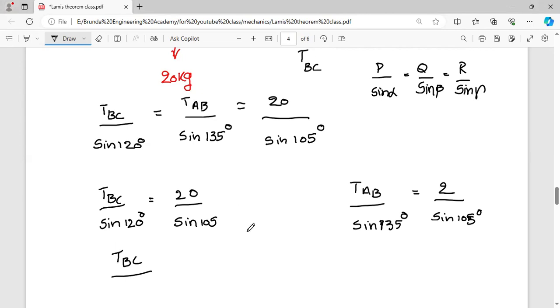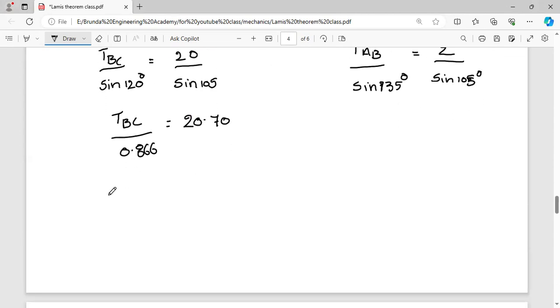Sine 120 is 0.866. 20 by sine 105 equal to 20.70. So by the simplification, TBC you get 20.7 into 0.866. That is 17.93 kgs in terms of the kgs.